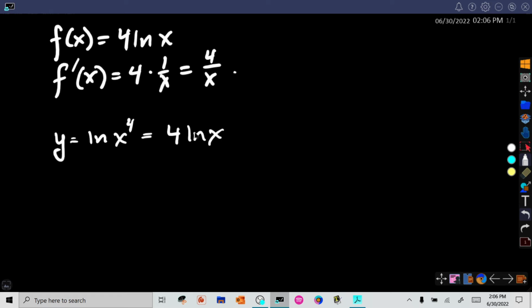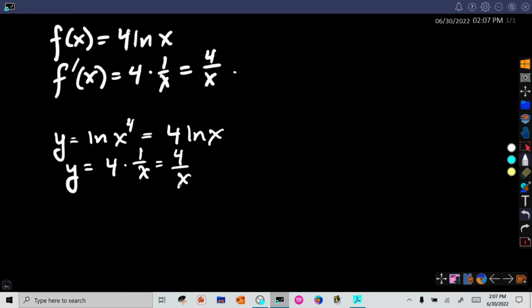So when you take the derivative of this, it's going to be much easier, right? It's literally just going to be the same thing as 4 times 1 over x, which is 4 over x.